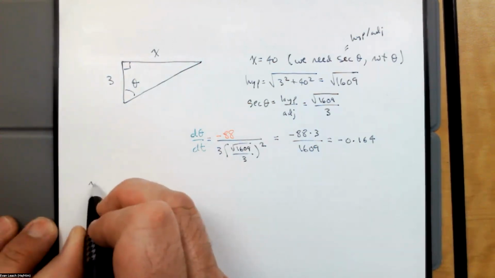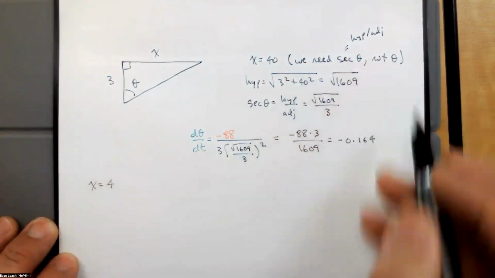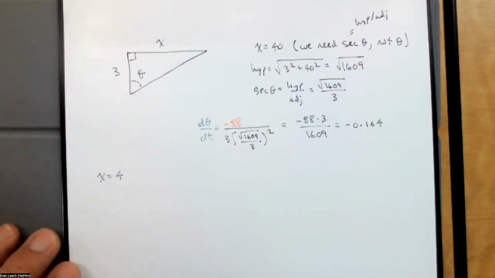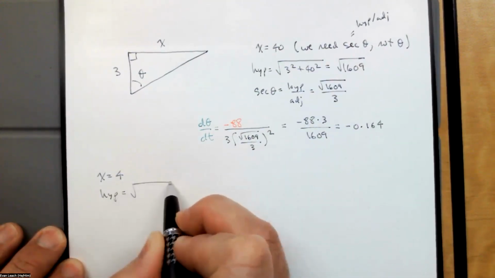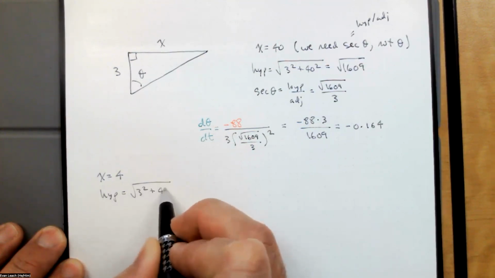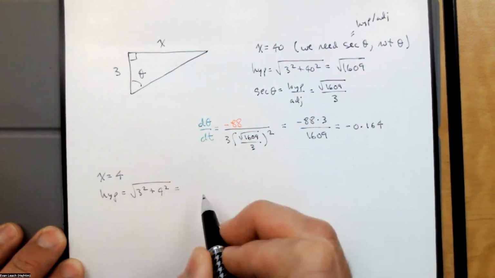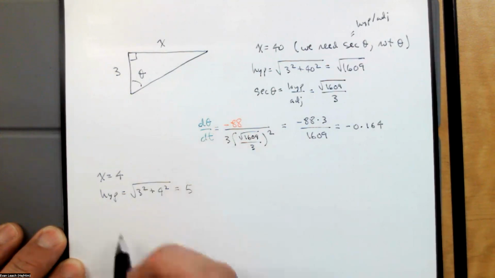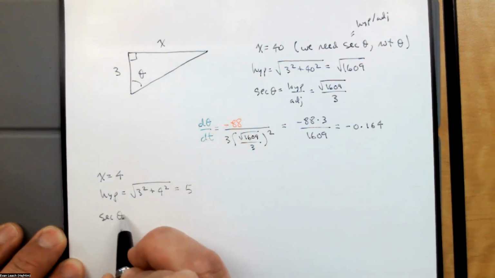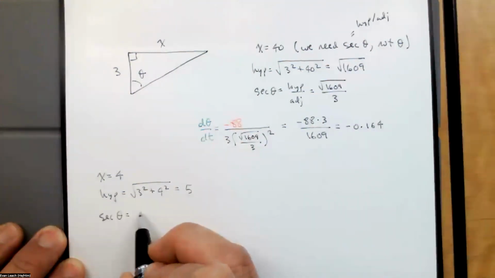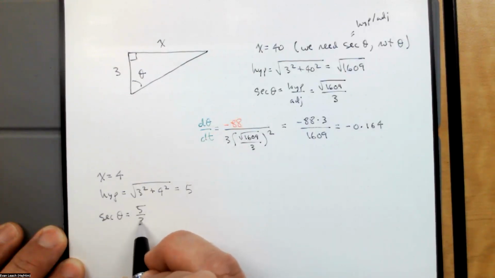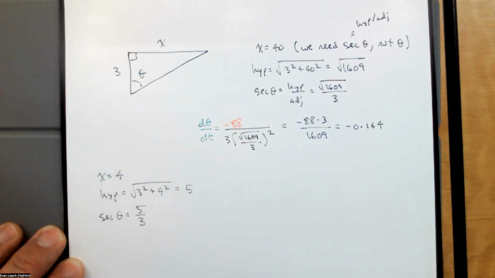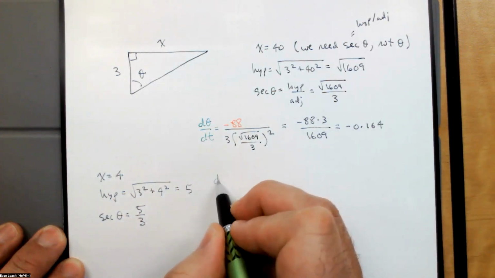So when x is 4, still we need secant, not theta. So we'll calculate the hypotenuse, which will be the square root of 3 squared and 4 squared. So the square root of 25, or 5. So the secant of theta is hypotenuse over adjacent, 5/3. So now we can calculate d theta dt.